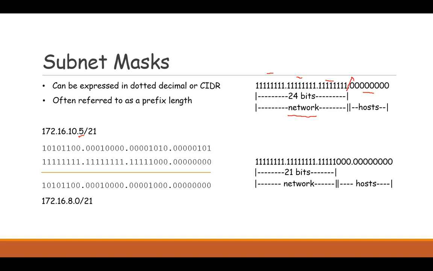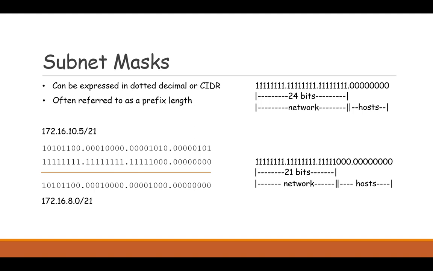But sometimes we forget that it doesn't actually have to be this way. We can certainly do a /21 network instead, allowing 3 more bits for the host address, meaning now instead of just having 254 host addresses, we can have 2046.